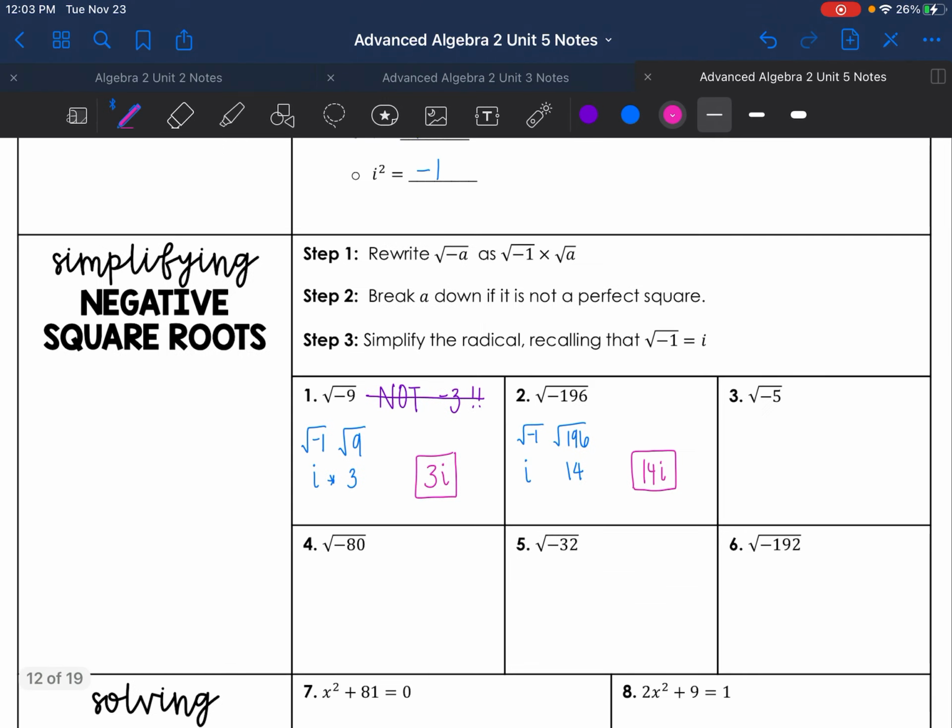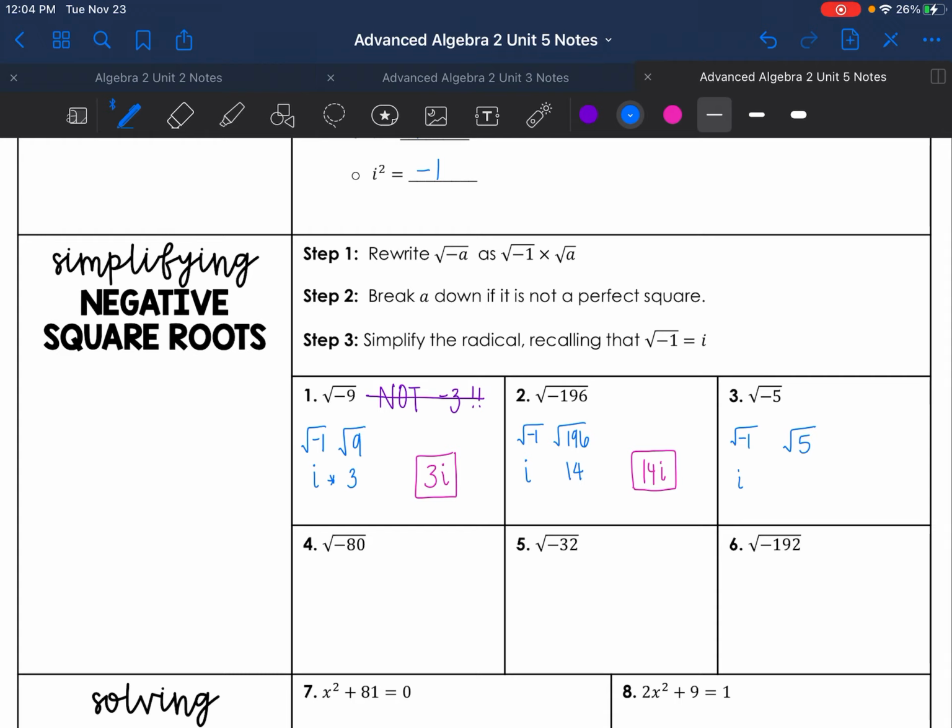Number 3, square root of negative 5. I'm going to take out the negative, and when I divide that by negative 1, it leaves me with positive 5. The square root of negative 1 is i.